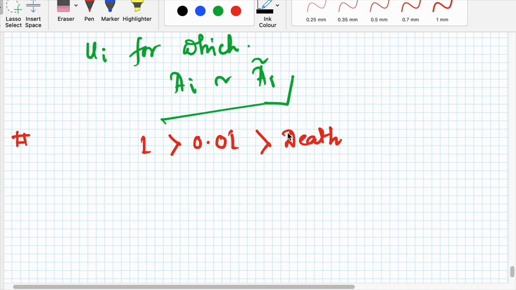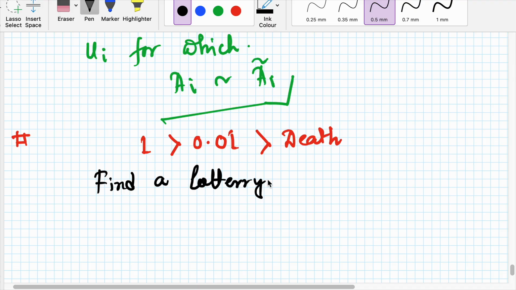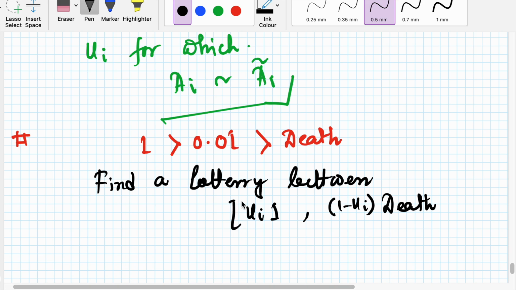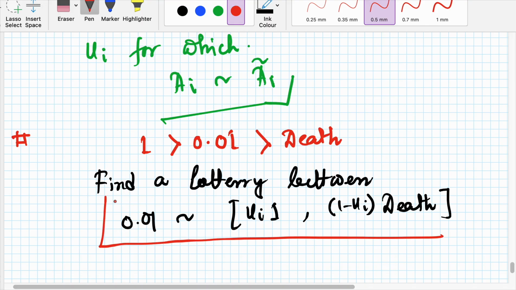Now if the continuity axiom assumption holds, then I will find a lottery between 1 rupee and death, such that 1 paisa will be indifferent with that lottery of 1 rupee and death.